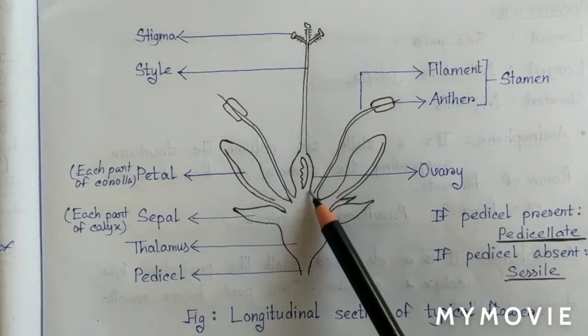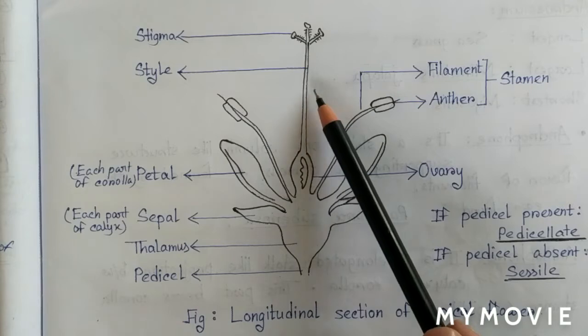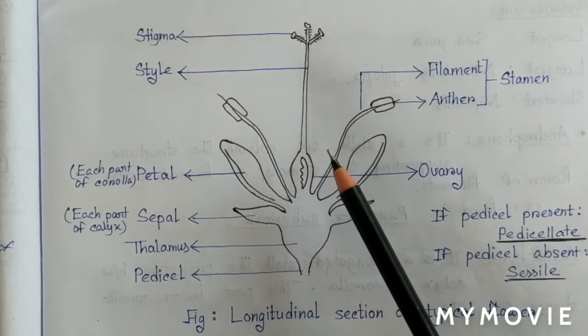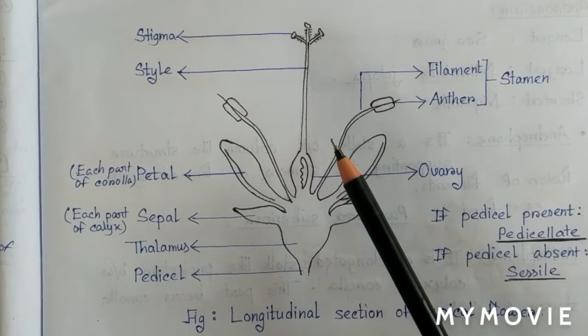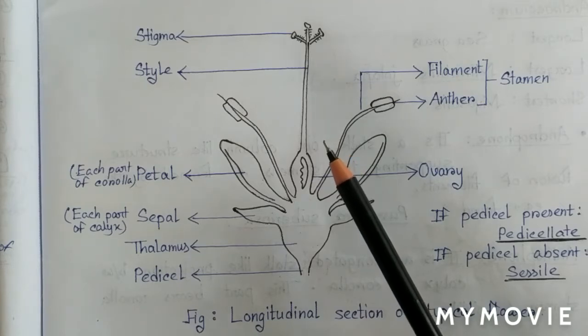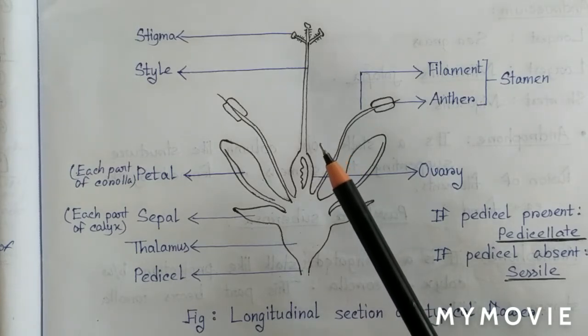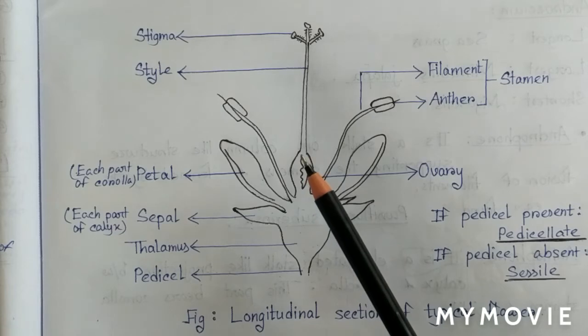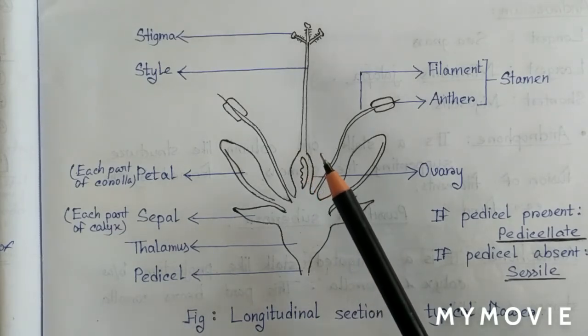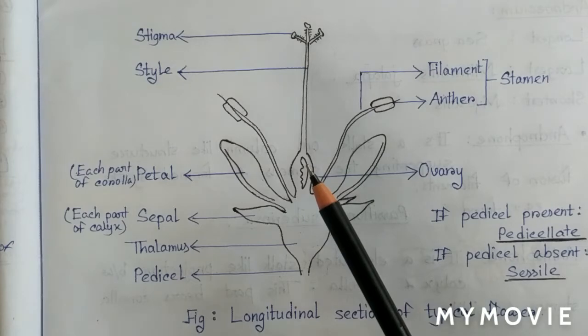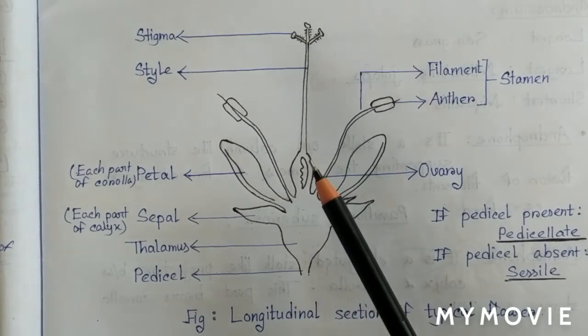Means all the carpels are attached with each other, then it is known as syncarpous. If not attached, then it is known as apocarpous. Here the terms are different. Attached means syncarpous, syn means same, so it is termed as syncarpous, and if not attached, then it is known as apocarpous, means separate from each other.